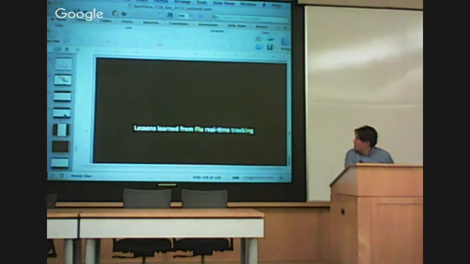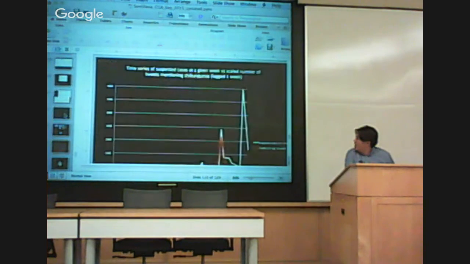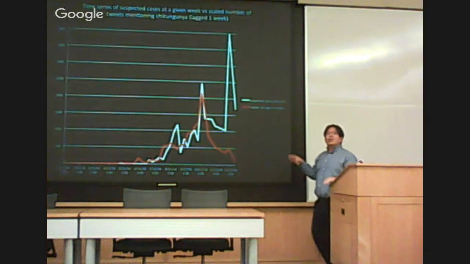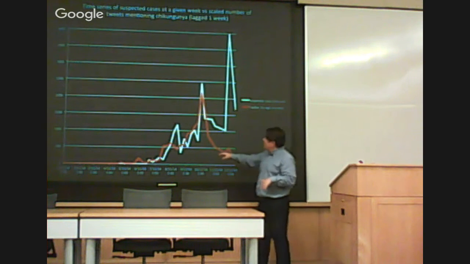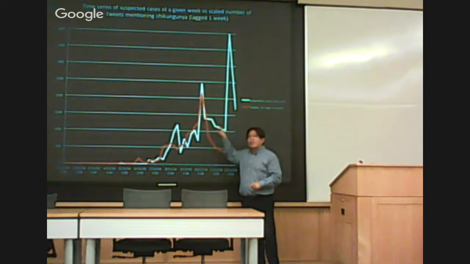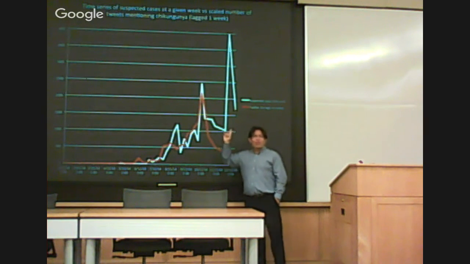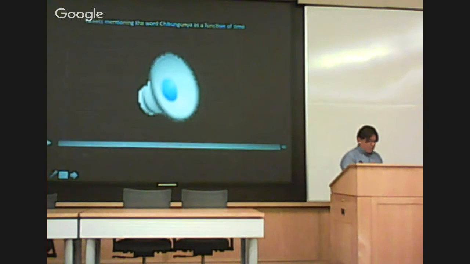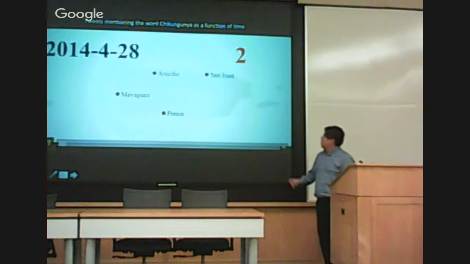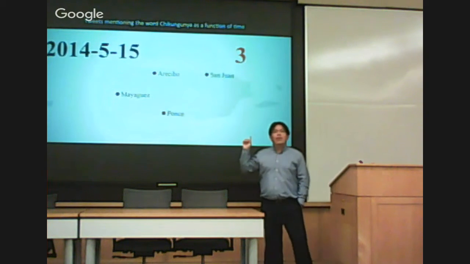This is a plot that shows the traffic in Twitter and how it tracked the increasing cases reasonably well at the very beginning, but then people seemed to lose interest in tweeting about it, and yet the cases kept going up.